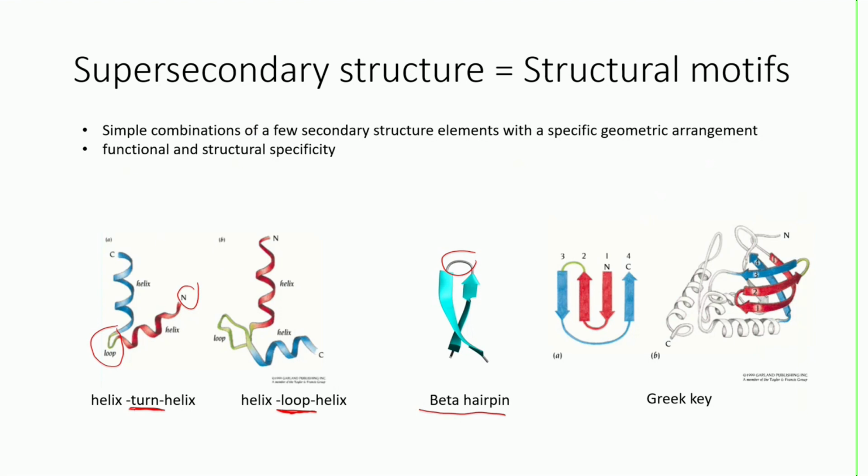And in case of the Greek key, there are actually 4 parts of the beta pleated sheet with the turns and coils. So you can see this structural motif in the protein structure.